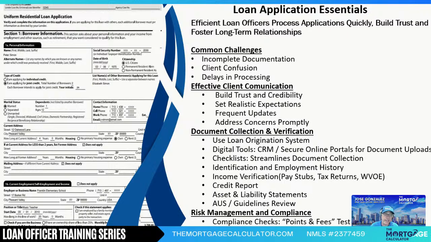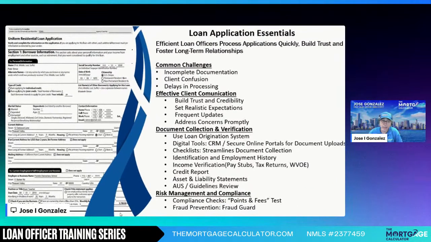Right. So now I need to request a letter of explanation from the borrower asking him why he submitted the application with the incorrect social security number, to ensure that it was just a mistaken data entry and not fraud. Right. Because risk management and compliance, as you can see, is our last section there.